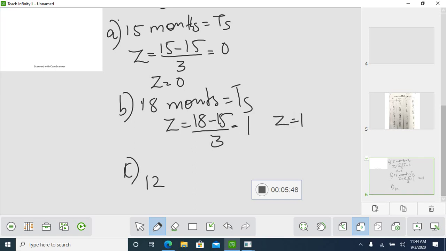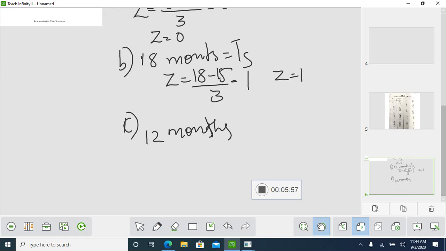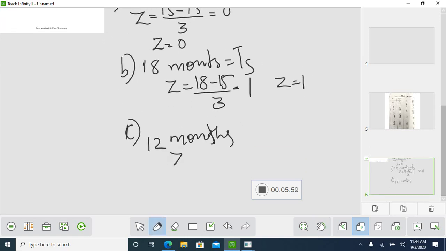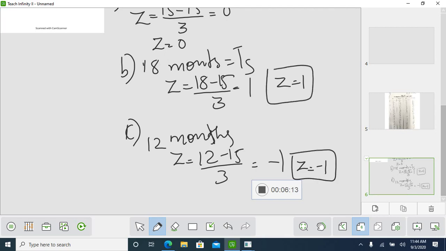Next is 12 months: Z is equal to 12 minus 15 divided by 3, and your answer is minus 1. So Z is equal to minus 1. This is your answer for A, B, C.